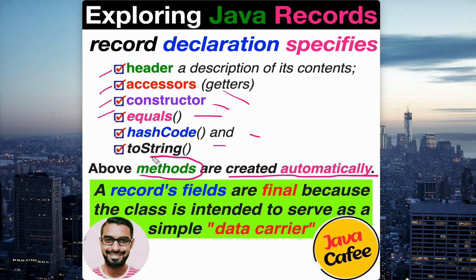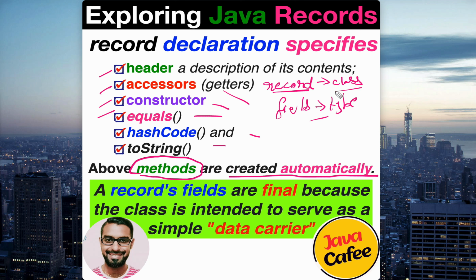The only thing is we need to keep declaring the fields and their types within the record, and we are going to make use of a keyword called record in order to declare the record class instead of a class keyword.